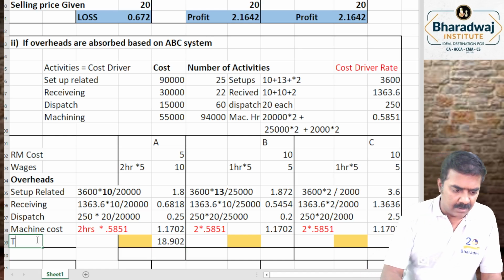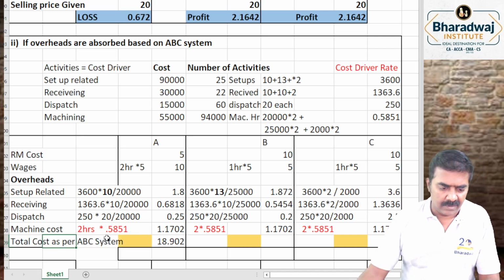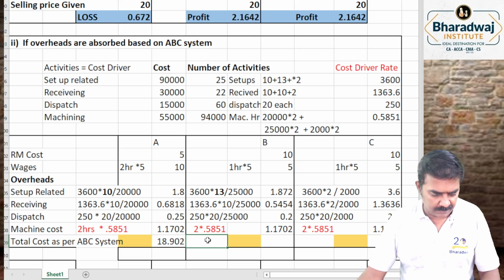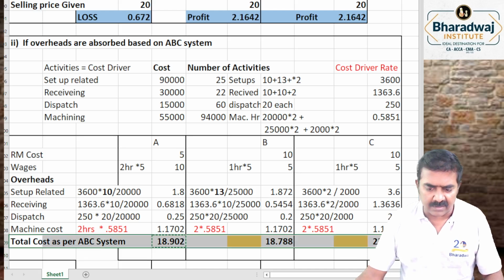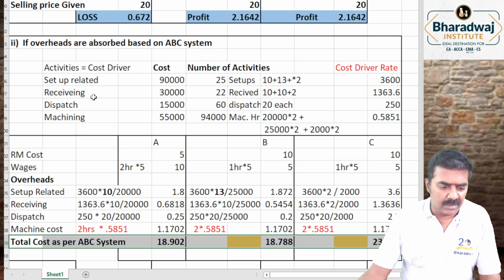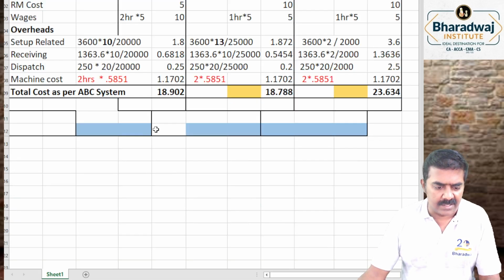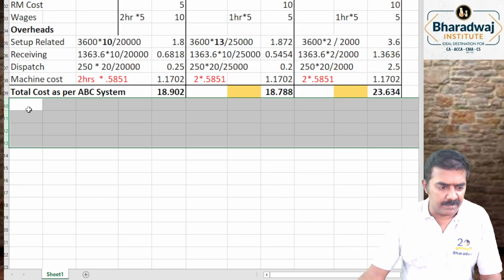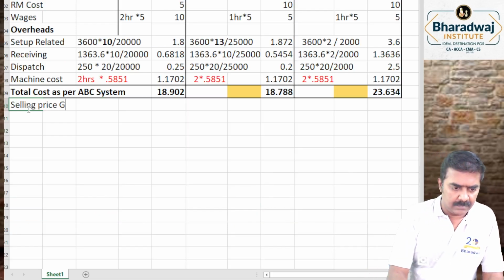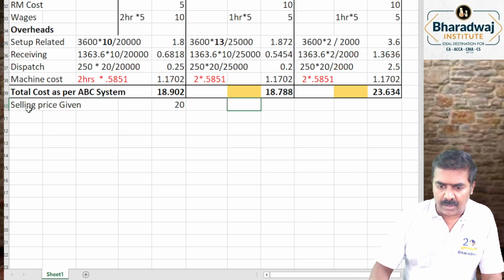This is the total cost as per which method? ABC system. What is the total cost as per ABC system? 18.092. Then same way, total this. Okay, this is your total cost under which method? ABC method. Now, selling price is given in the question. What is the selling price given in the question? 20, 20, 20.